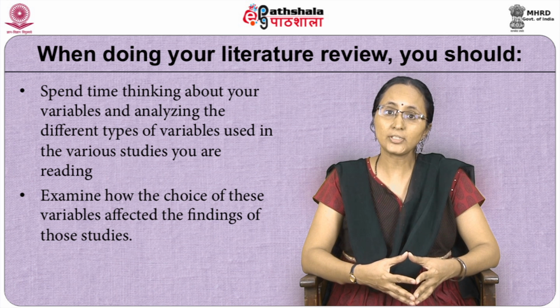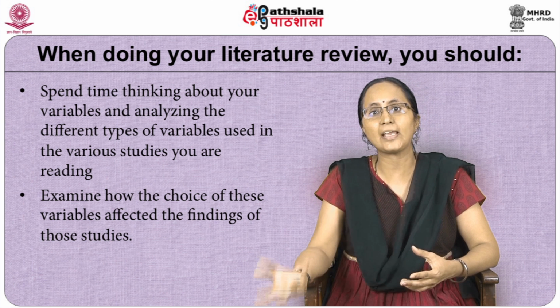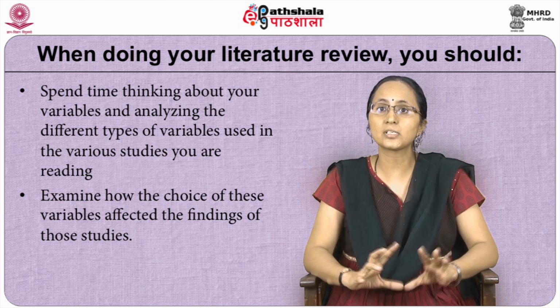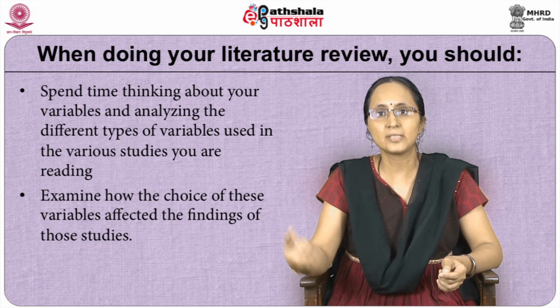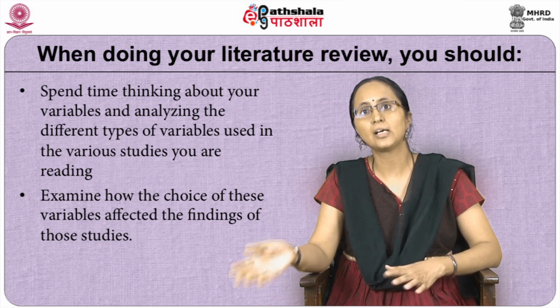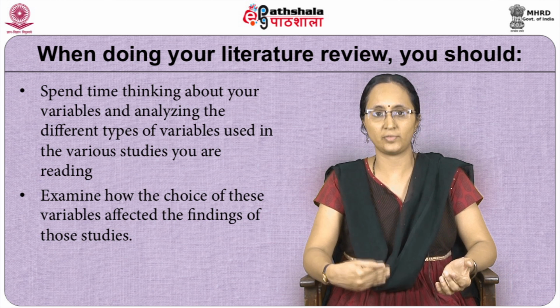Then you need to examine also how the choice of these variables affected the findings of the study. Think about what they have done and think in terms of if we had changed the variables, would the findings have differed, and then use that thought process back when examining your own variables.